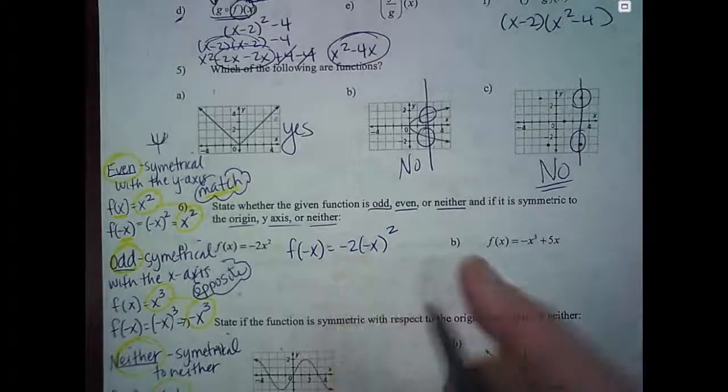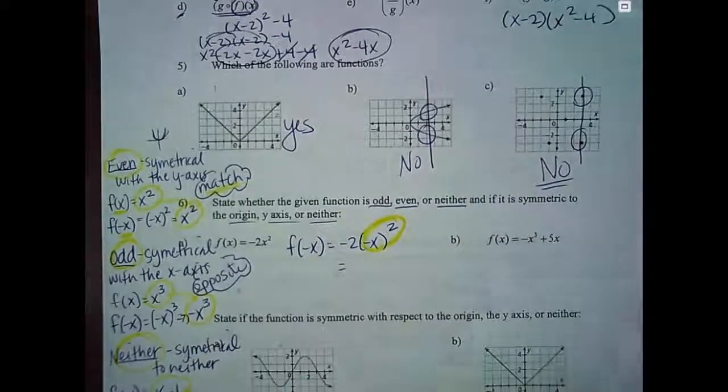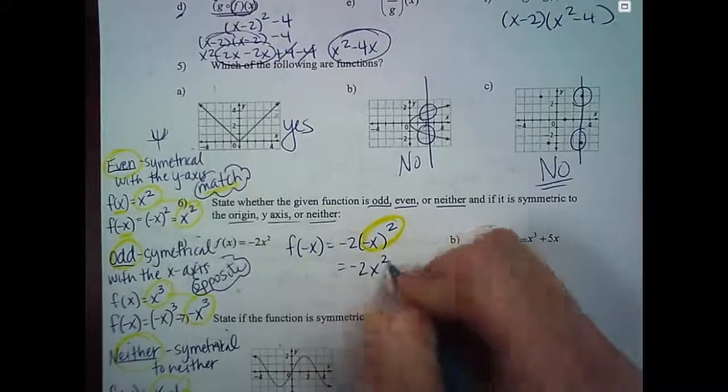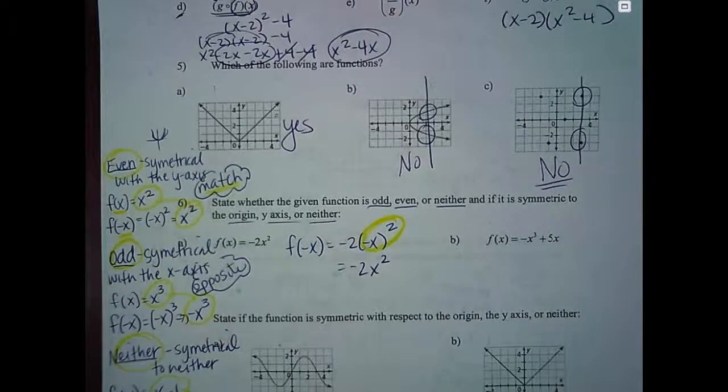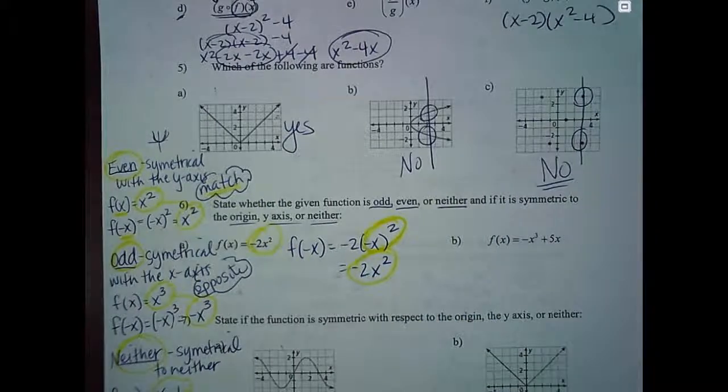So if I simplify this, a negative x squared is just what? What's negative x times negative x? X squared. So you get negative 2x squared. Yeah, I forgot the 2. Thank you. Now compare the two. This is my original and this is my new. Are they the same? So same means what? Even.